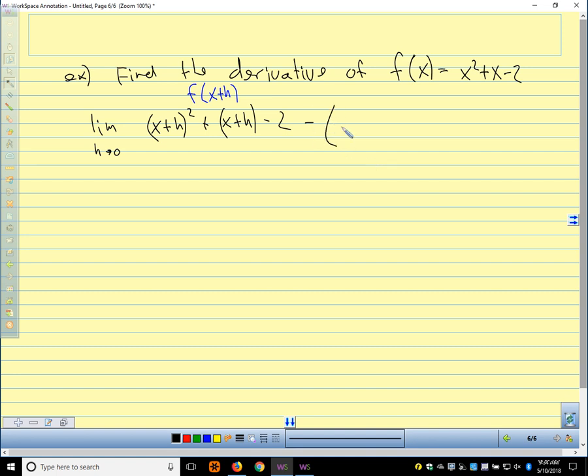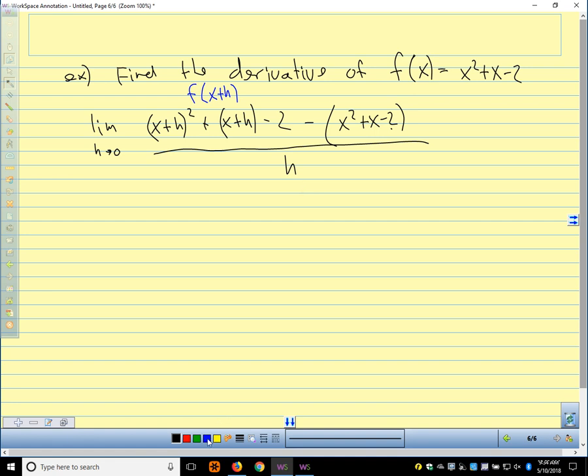Minus, don't forget these parentheses. You run into a lot of difficulties if you forget those parentheses. f of x, x squared plus x minus 2, all over h. And if we plug in h equals 0 here, we get the limit as h approaches 0 of 0 over 0.